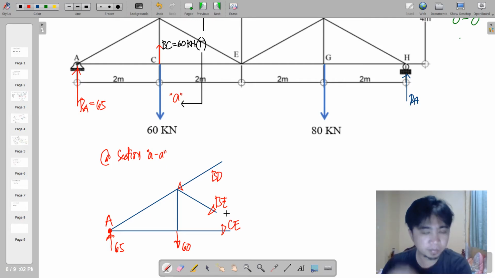But before we can proceed with that solution, of course, BE shall be resolved at a certain point. You can resolve BE in the direction of the arrowhead, at point E, or you can resolve it at point B. Now here's the scenario.